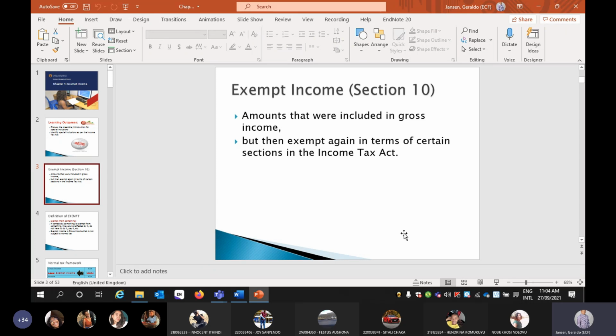If you went through that tutorial, then you would have gotten an idea of, oh, this is probably how we should calculate it. And even our slides, when we did special inclusions, when we dealt with the exempt portion or the capital portion for annuities, y equals A over B times C, you saw what needs to be included in gross income, what will be exempted, and that will give me income.